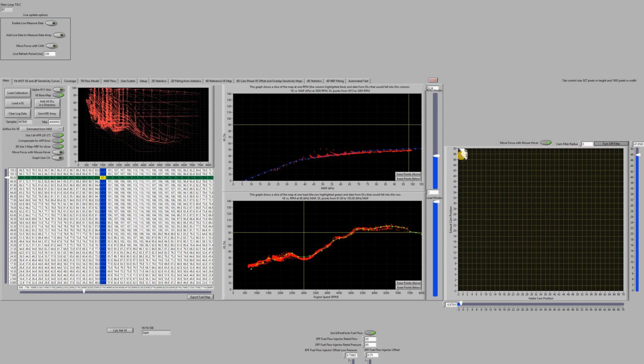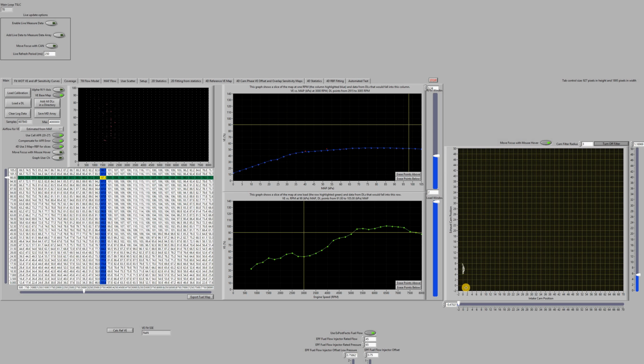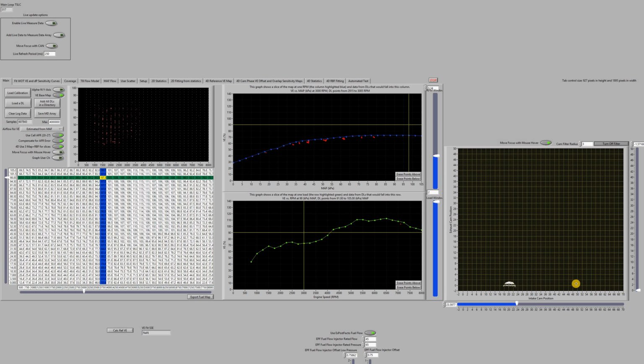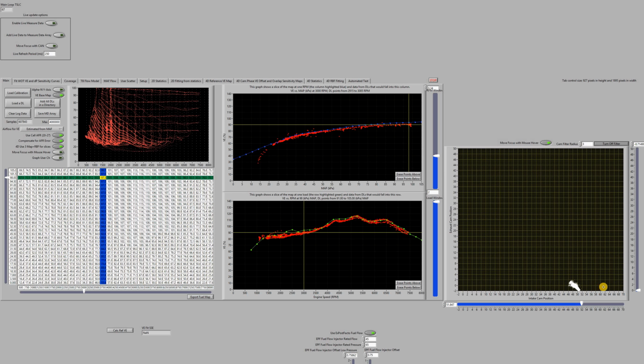So here's a good example where I have some good support. I should have here in this corner as well. Yeah, so that's not so bad. There's the parked position.